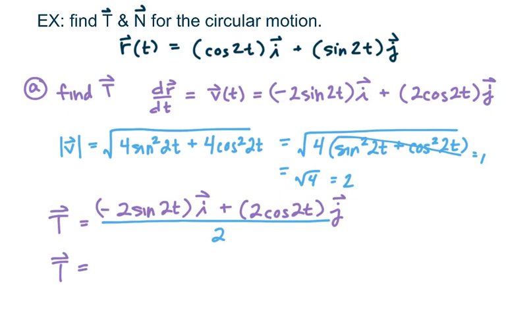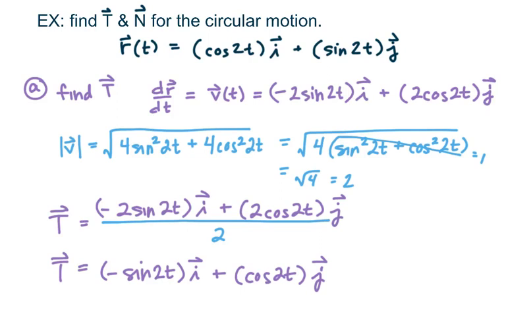So T equals negative sine 2t i plus cosine 2t j.